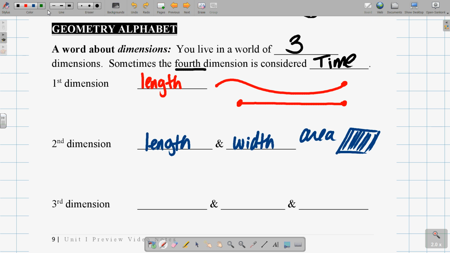And the 3rd dimension would be things that you can physically put your hands on, things that have length, width, and height. And that is essentially anything you can physically wrap your hands around has 3 dimensions.